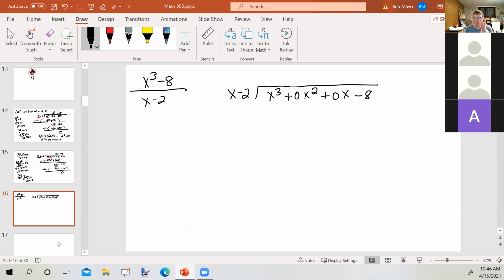So I had two terms missing there. That's like writing 4006. You'd write 4006. So I had to have two placeholders that I filled in there. Okay.